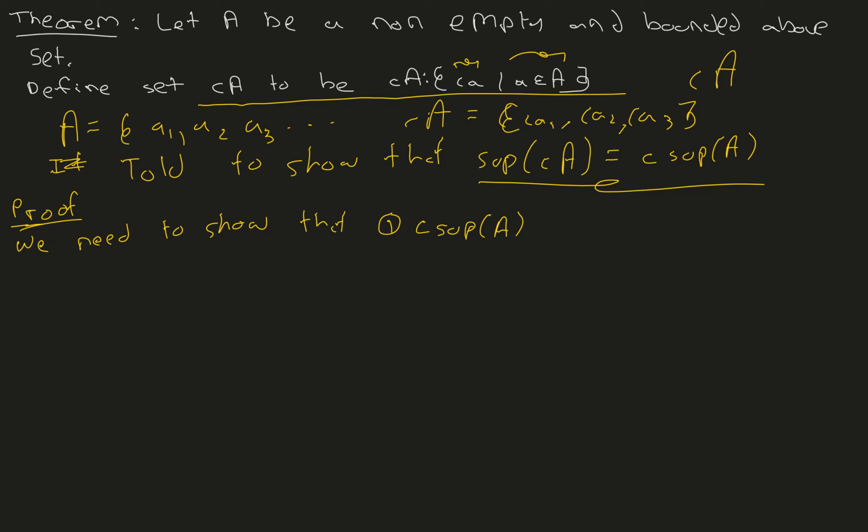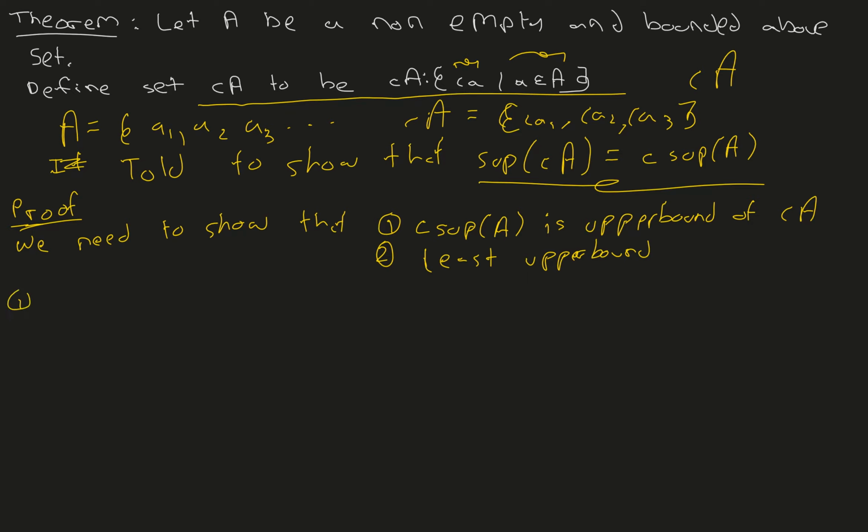So we need to show that one, C sup A is an upper bound of CA, and two, if it is an upper bound, then it is the least upper bound.